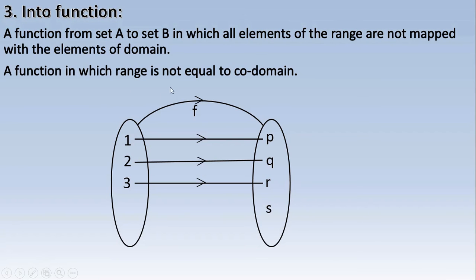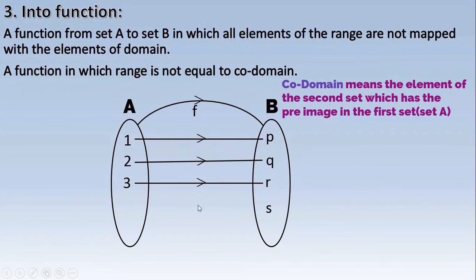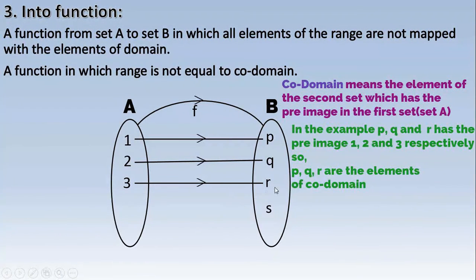Here we see 2 terms, they are codomain and range. Here range means the elements of the second set, that is set B, which are the images of the first set. Or you can say range are the elements of the second set which have their pre-images in the first set. Here P has the pre-image 1, Q has the pre-image 2, R has the pre-image 3 in the first set.